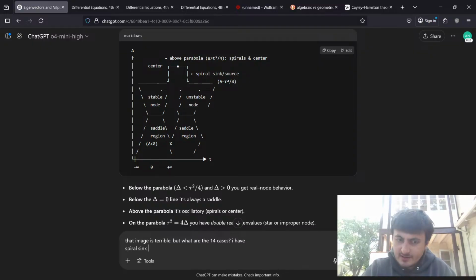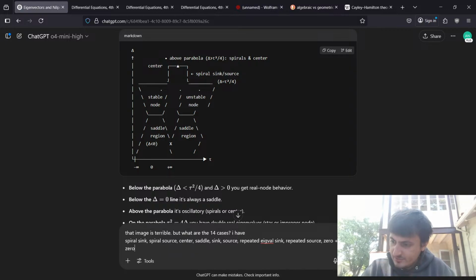Spiral, sink, spiral, source, center, sink, or center, saddle, sink, source, repeated eigenval, sink, repeated, source, 0 plus sink, 0 plus source, and both eigenvals 0. But that only gives me 11 out of 14.